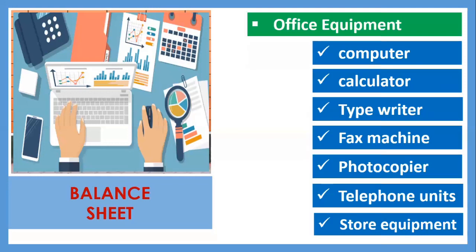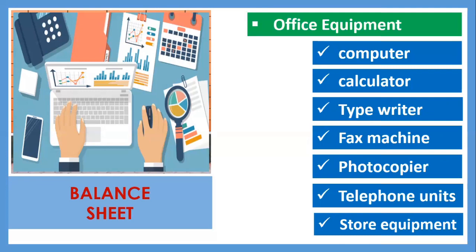Office equipment is the account that includes computer, calculator, typewriter, fax machine, photocopier, telephone units, and store equipment. And lastly, we have delivery equipment. Delivery equipment is the account that is sometimes used instead of transportation equipment. All right, so these are all our asset accounts.